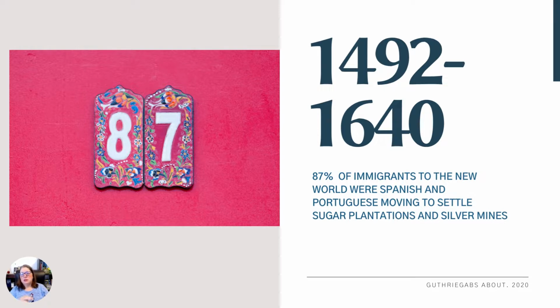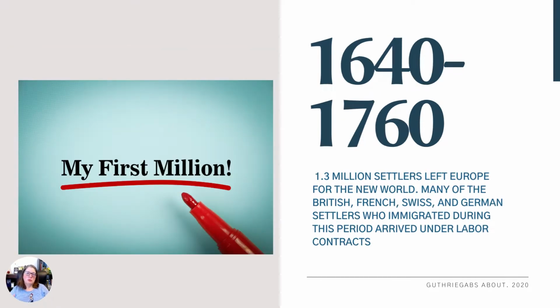Right? So 87%, that means 8 or 9 out of every 10 people were going to be coming from Spain or Portugal. Get into the mid-1600s, it changes. Now we're getting over 1 million people leaving Europe. And this is what we think of main Europe, like British, French, Swiss, German. Okay.